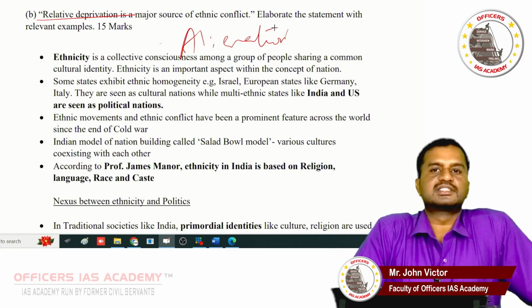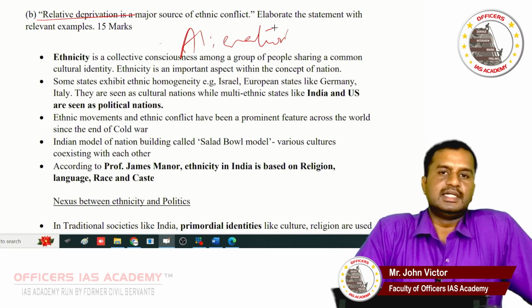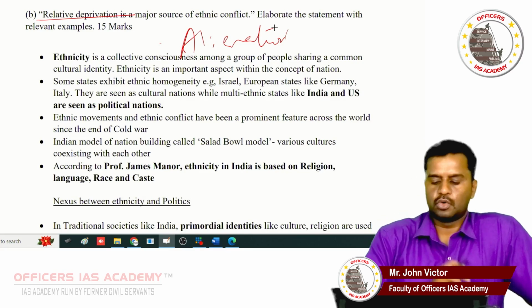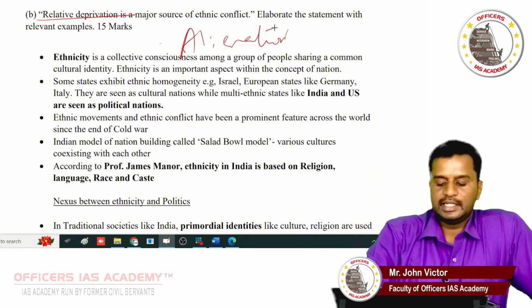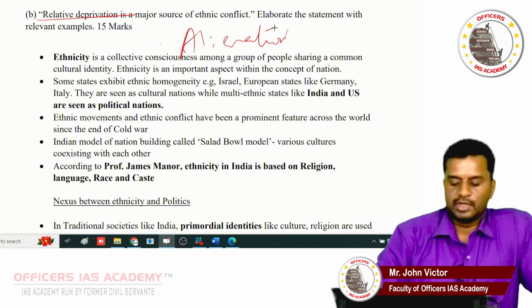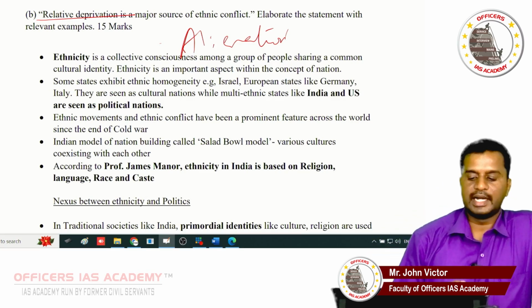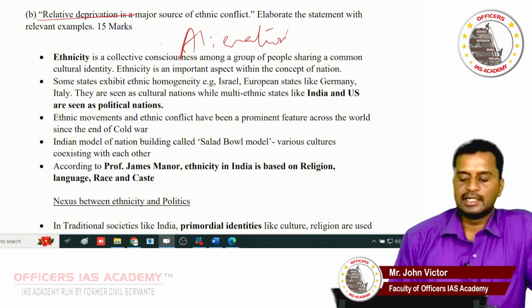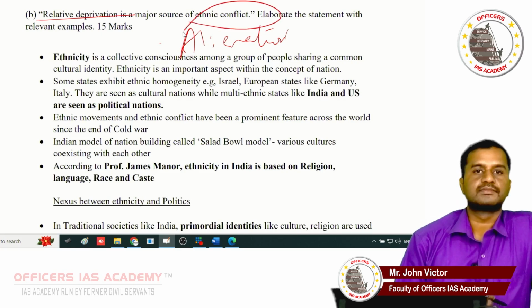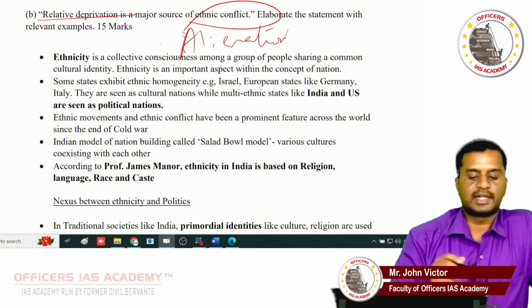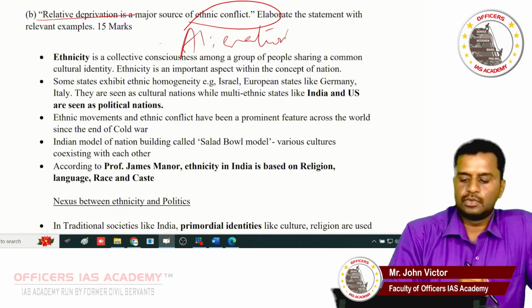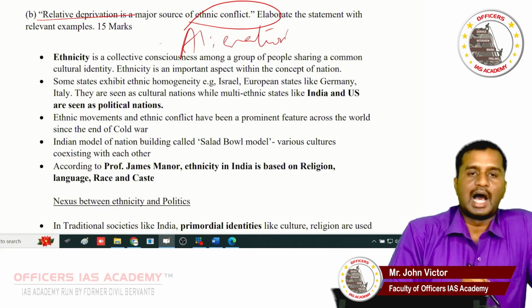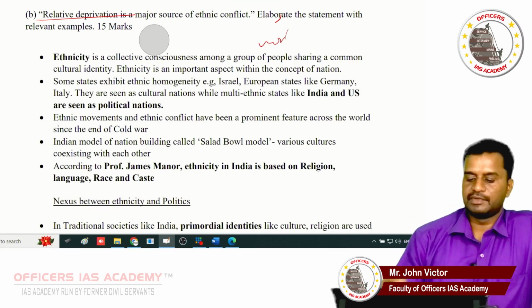So this is the economic understanding regarding the discrimination in society. So you can quote Marxism and alienation. Coming to the Indian perspective, we are asked to write about relative deprivation and its connection with ethnic conflicts. So briefly write about the ethnic diversity in India and explain how conflicts arise due to relative deprivation.